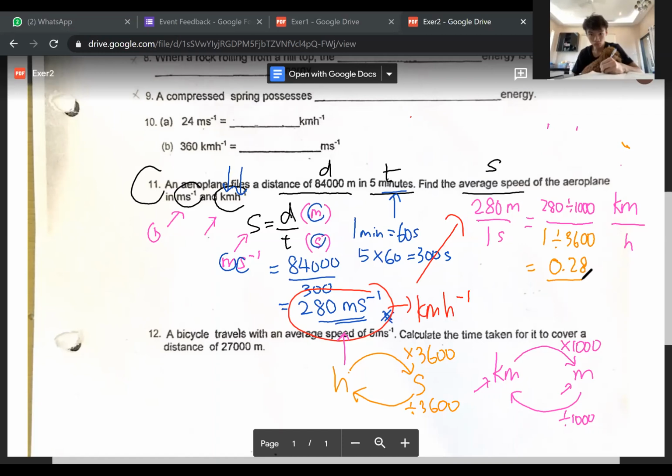You get a standard form, 2.77 times 10 to the power -4. So we just divide that to 1008. Okay, so in km per hour, this is your answer in kilometer per hour.